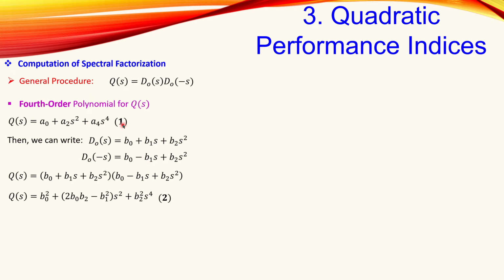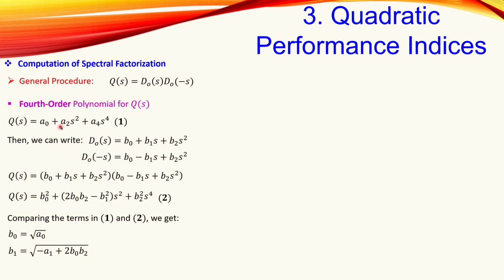Now we will compare the terms of equation number 1 and 2. And we see directly b0 is equal to the square root of a0, so the a's in the Q and the b's in the second equation. In addition, b1 can be rewritten in this form.